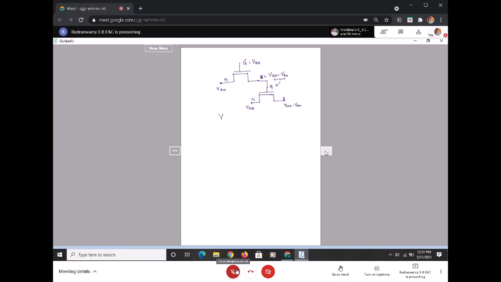Now, in order for this transistor to be on, my VGS should be greater than or equal to VTN. You know that. Now we'll try to calculate what is my VGS, which is basically VG minus VS. What is the potential at gate now? VDD minus VTN. Minus of what is the potential that you have just told at source? It is again VDD minus VTN. What is basically happening now?